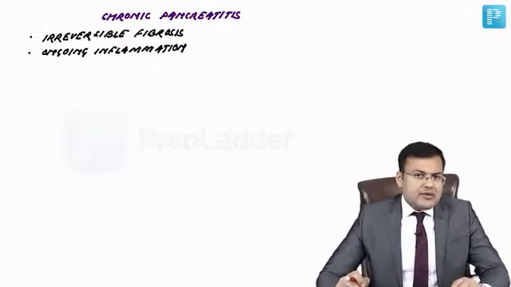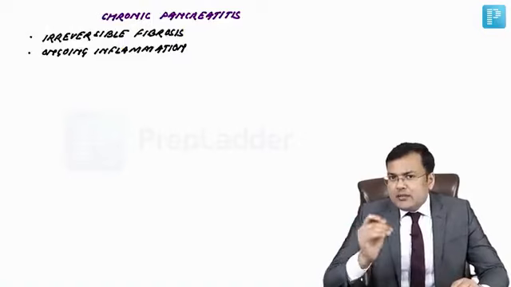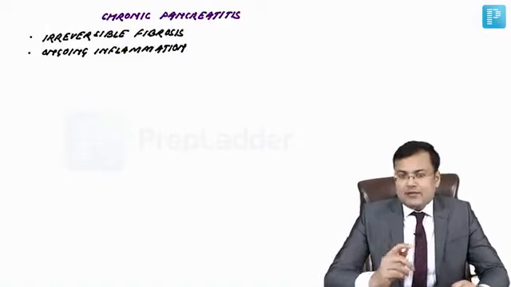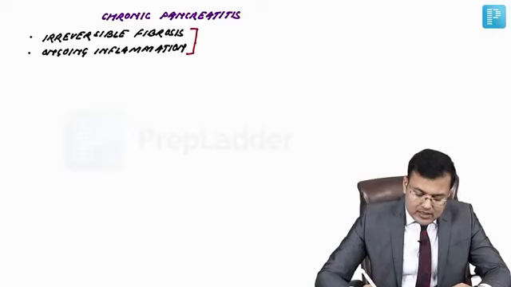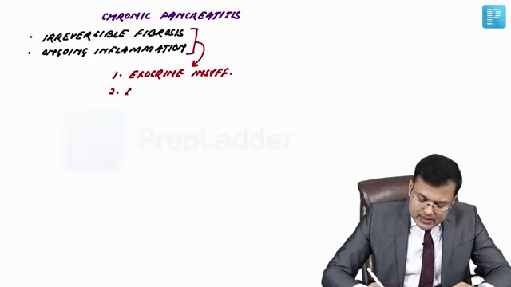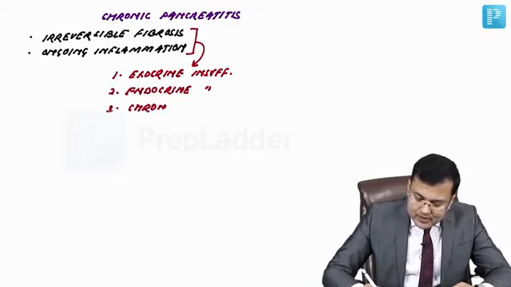What happens in chronic pancreatitis? There is irreversible fibrosis of pancreatic parenchyma with ongoing inflammation, and because of this, there are three problems. First, exocrine insufficiency. There is endocrine insufficiency, and there is chronic pain. Clear?